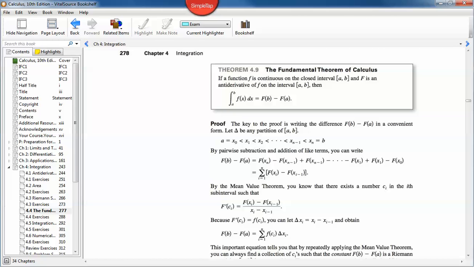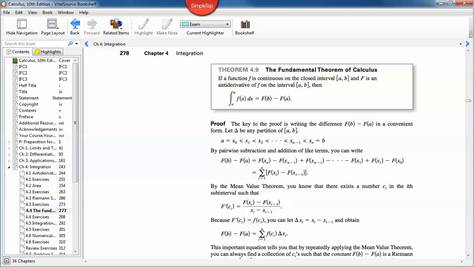Okay, so an integral from a to b of a function f of x dx, you integrate this, capital F, this is the integrated answer. The integrated answer evaluated at b minus the integrated answer evaluated at a. You know, that sounds pretty important, the fundamental theorem of calculus. It is.